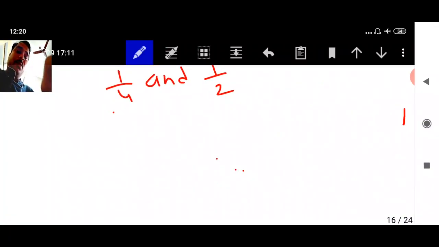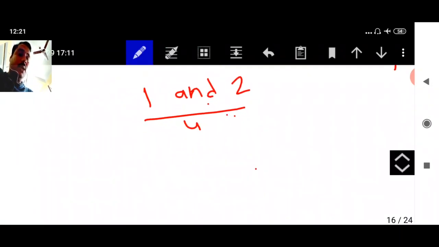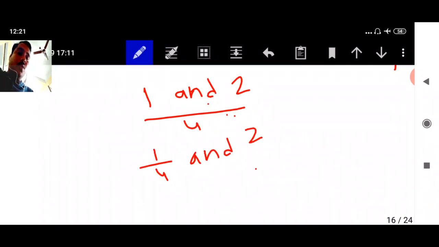Here you see that in 1 by 4 and 1 by 2, the denominators are 4 and 2. So we make the denominators the same by taking the LCM. The LCM is 4, so 4 ones are 4 and 2 twos are 4, and we convert it to 1 by 4 and 2 by 4. Here you can see that the denominators are the same.